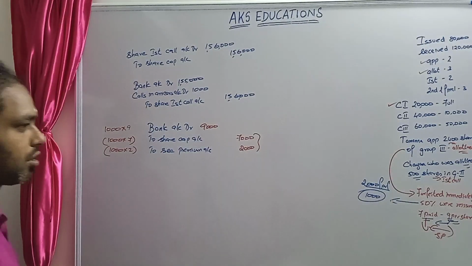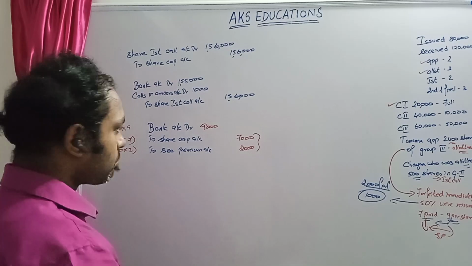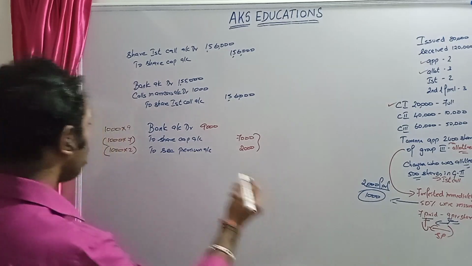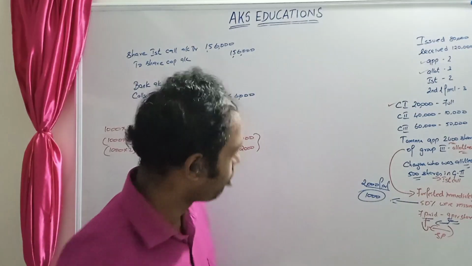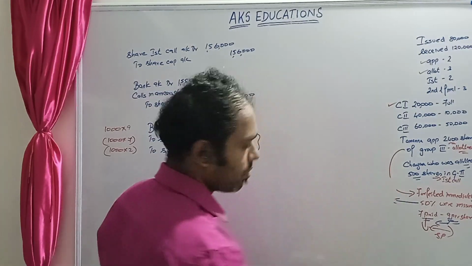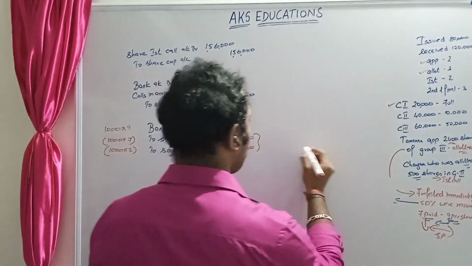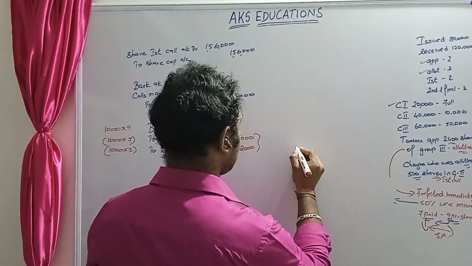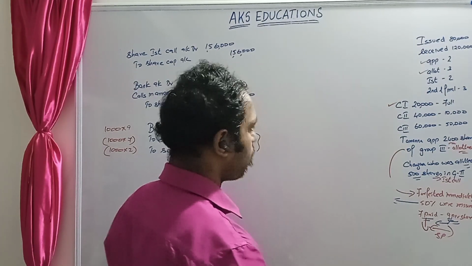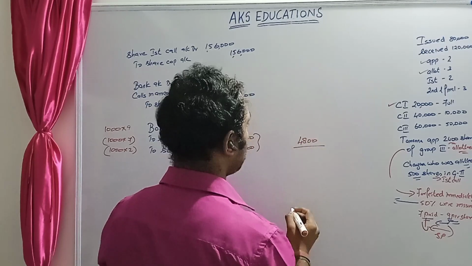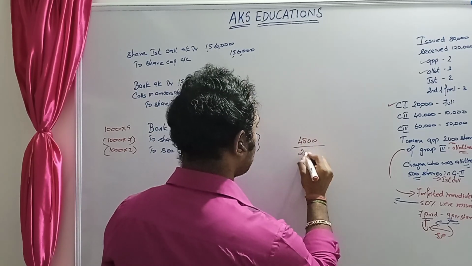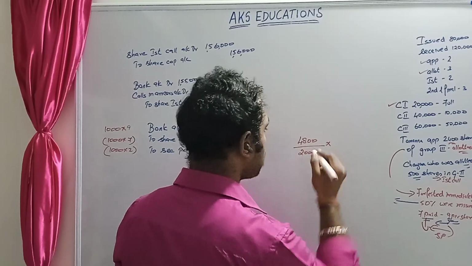Next, we'll find out the capital reserve. So we'll utilize the formula. The formula is amount forfeited divided by number of shares forfeited into number of shares reissued. What is the amount which is forfeited? I remember it is 4800 divided by 2000 shares forfeited, into 1000 shares reissued.